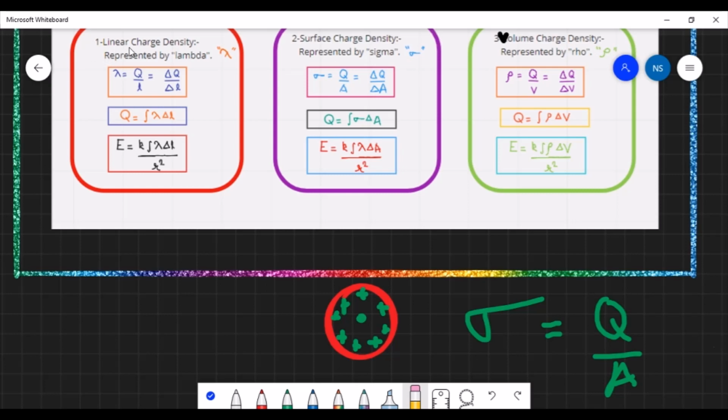When it is linear, it is 1D, so only one parameter will be there, like length. So Q by L we have taken. If it is surface charge density, then it will be by area, because for a surface we think of surface area. So Q by A. And as I will tell in volume charge density, it is also similar.